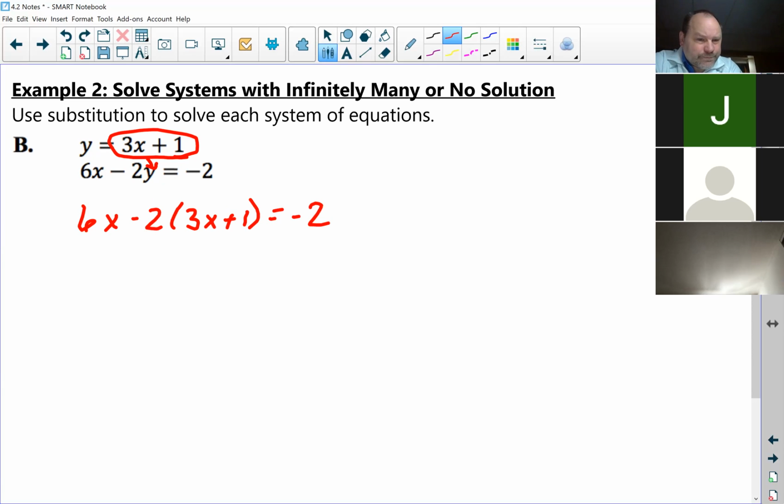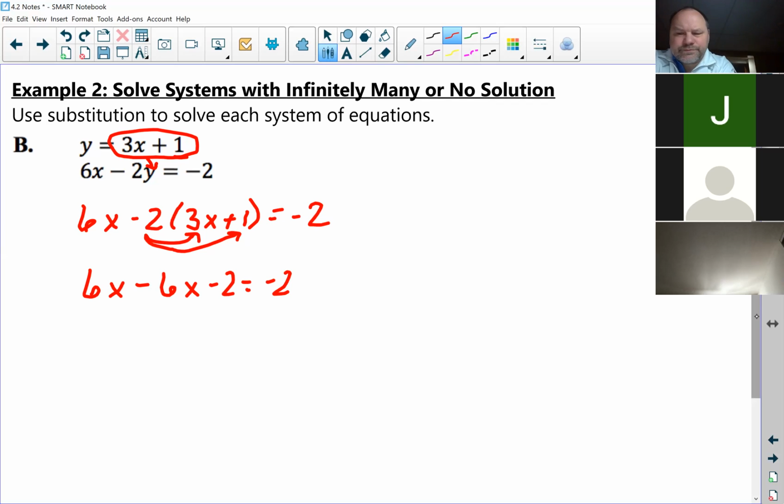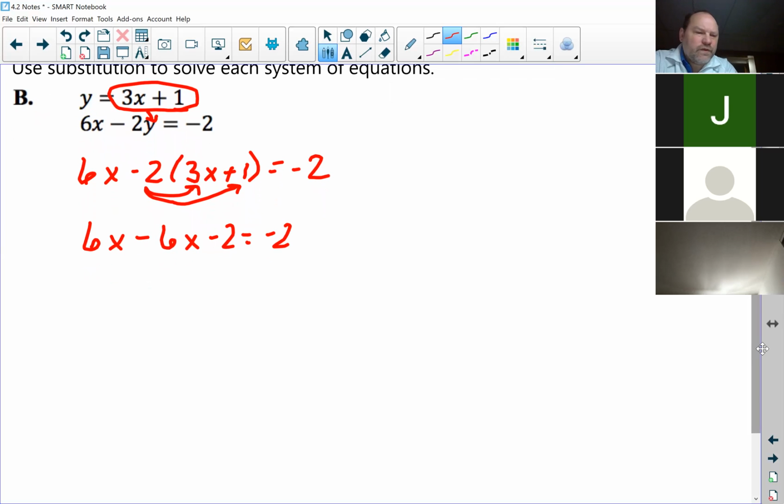Distribute. So I have 6x, and remember, I'm distributing negative 2 here. So I get minus 6x minus 2 equals negative 2. 6x minus 6x is 0.